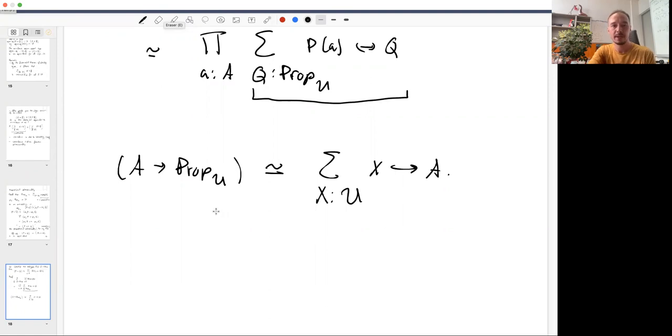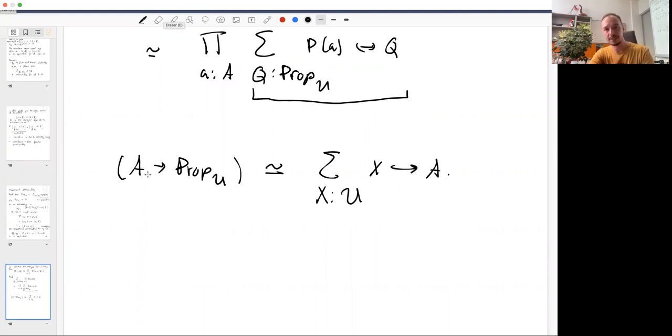One is by specifying a predicate on the elements of that set, and the other one is to describe an inclusion from another set. And those are two equally good ways to describe a subset, and it's exactly the same in type theory.